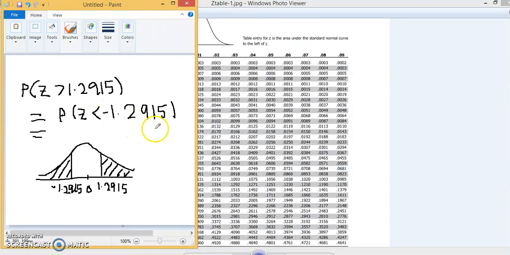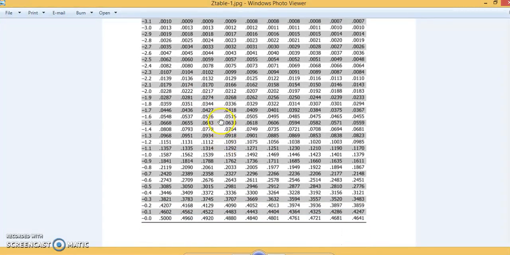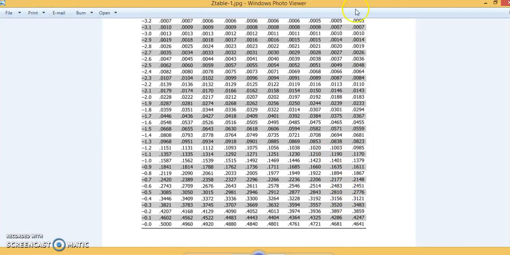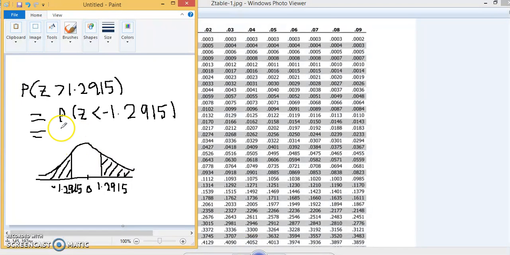So it's negative 1.29 only. Negative 1.2 is here, and 9 would be the last column here. Negative 1.29 is 0.0985.